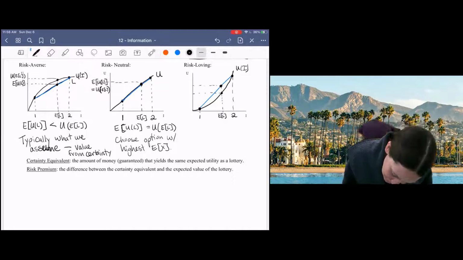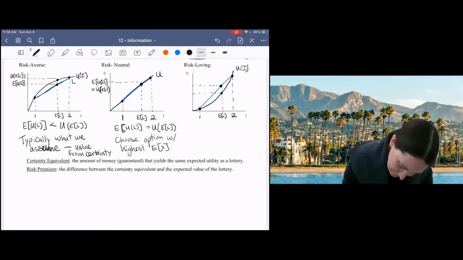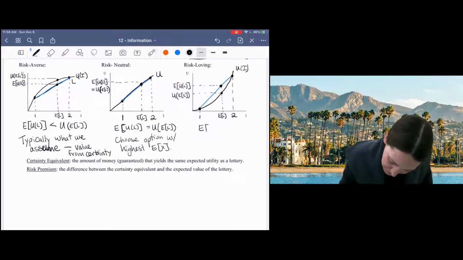All right, so this is the expected utility. And this is the utility of the expected value. So our expected utility here is greater than the utility of the expected value.